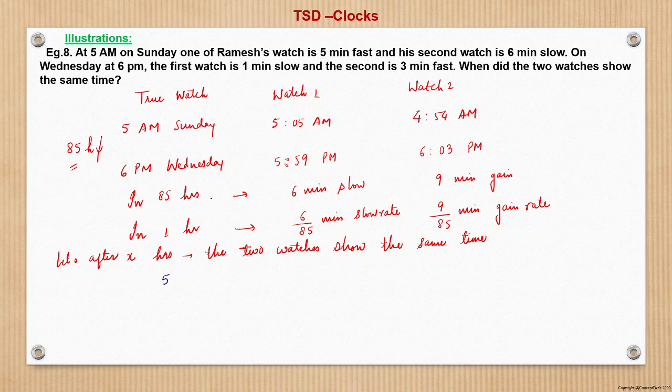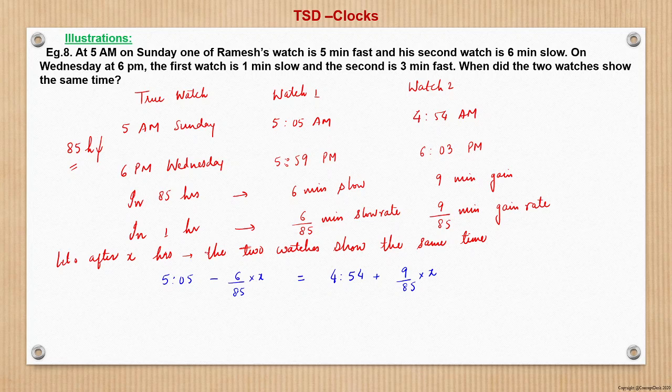Basically, 5:05 was the initial time, and then the watch is slowing at a rate of 6/85 minutes per hour. So it will be minus 6/85 into x for x hours, and this will be the same as the time shown by watch 2. Watch 2 was initially 4:54, and then it is gaining at a rate of 9/85 minutes per hour. So 9/85 into x.